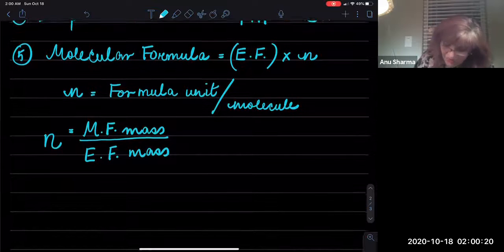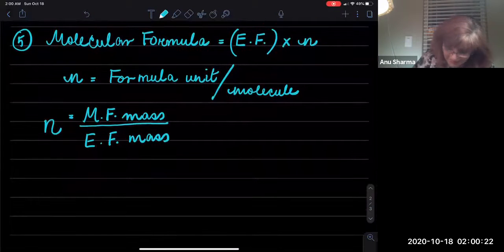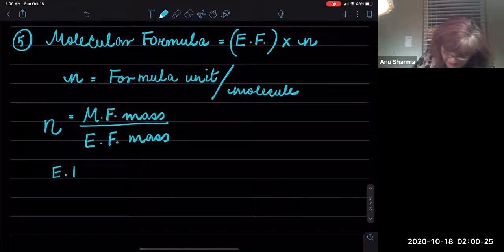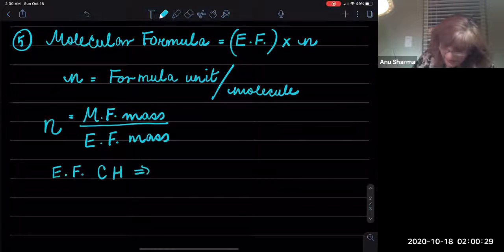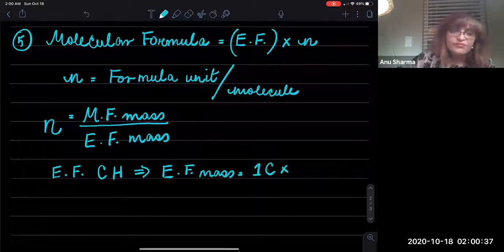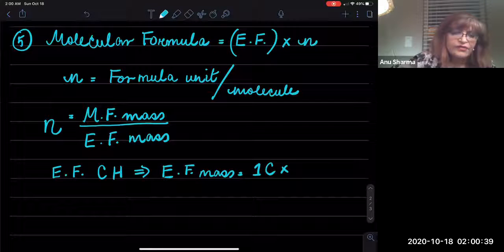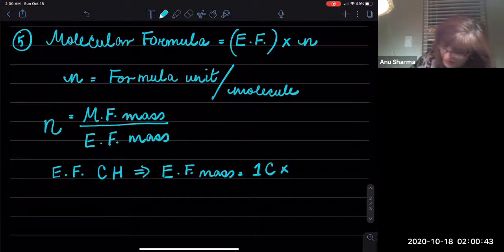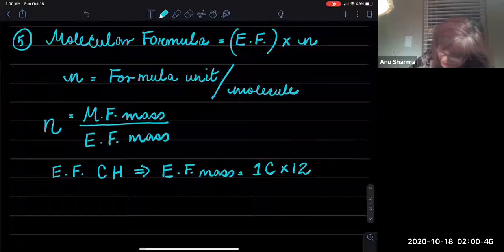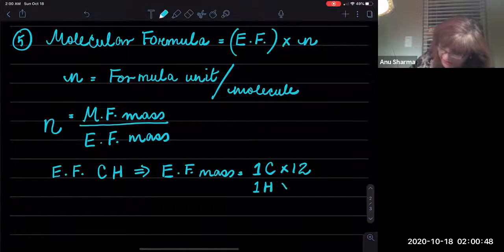Now let's do this. We know the empirical formula is CH. The empirical formula mass is going to be 1 atom of carbon times 12. Right now it's okay to round a little bit. So times 12, and hydrogen is times 1.